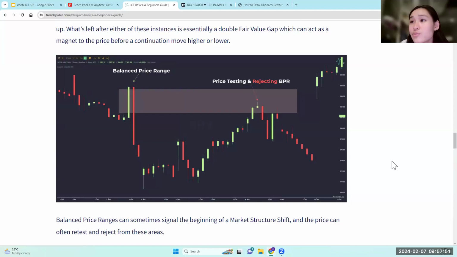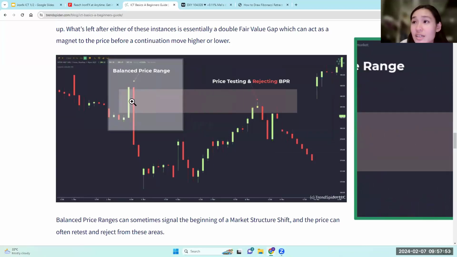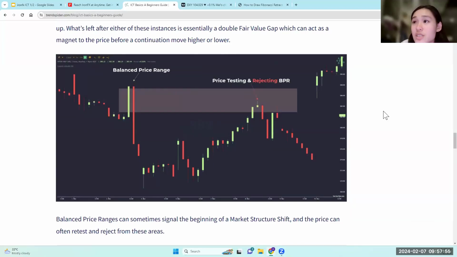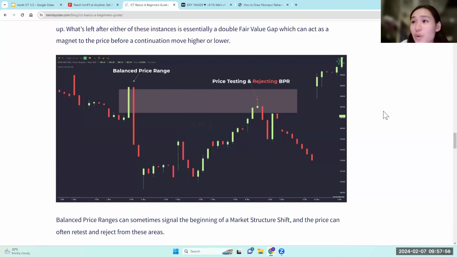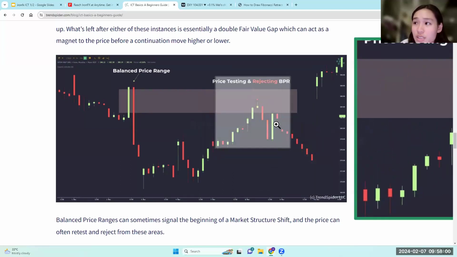Okay, and the reason why we are highlighting this entire area is because that's where we see price being attracted to.